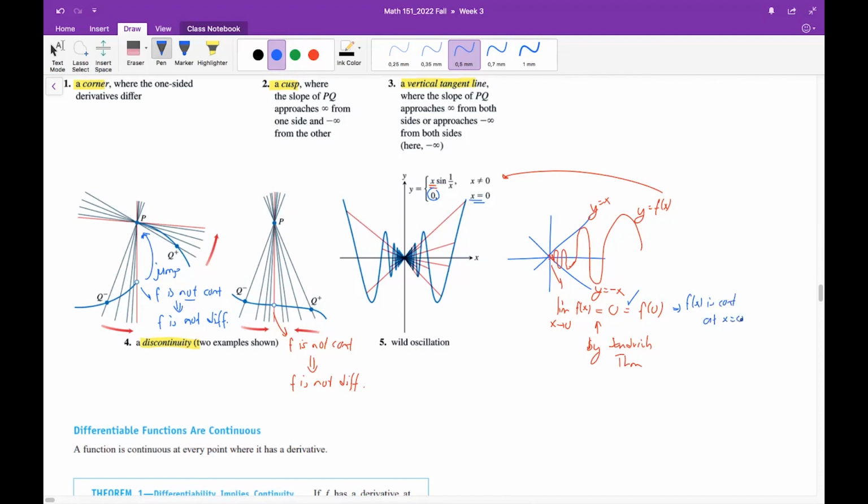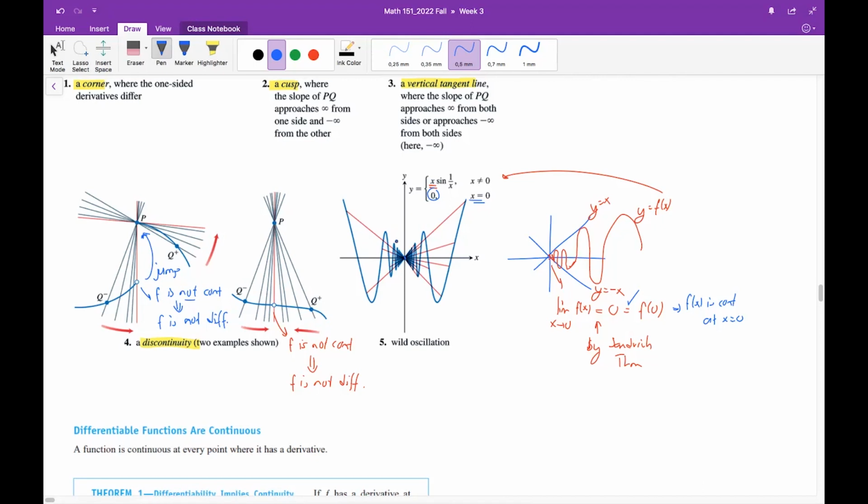Even if it is continuous, the first derivative may not exist, and that is the case here. At the origin, this function is not differentiable because you cannot draw a single unique tangent line there, because it behaves like doing a wide oscillation around the origin, okay?